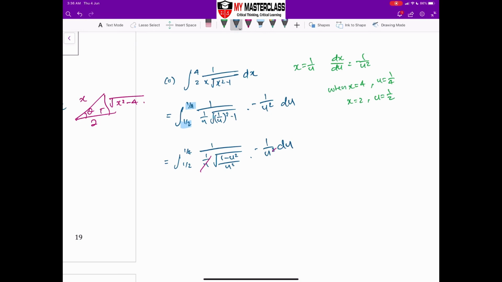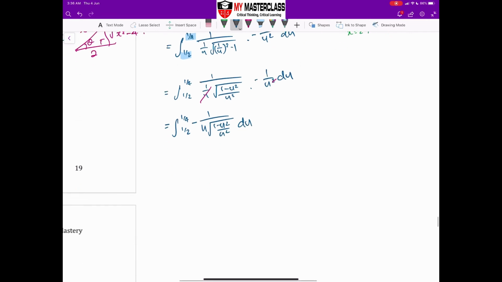So I'm left with the integral from 1 over 4 to half of 1 over u square root 1 minus u squared over u squared du. The negative sign still remains. So it's going to be negative, integral from 1/4 to half, 1 over u square root 1 minus u squared. With a quick manipulation, you should get negative integral from 1/4 to half of 1 over square root 1 minus u squared du.